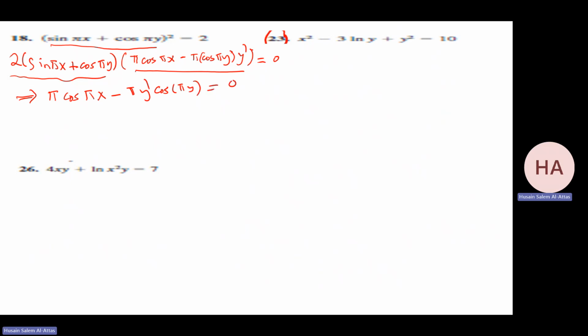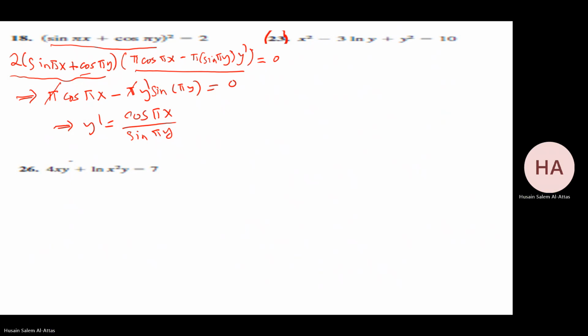I'm looking for y prime. So y prime will be, also I can cancel pi with pi, that will be sine pi x over, wait a minute, this is sine, should be sine, sorry. There is a cosine minus sine, so it will be sine. And this will be sine pi y. Okay, so that will be y prime.